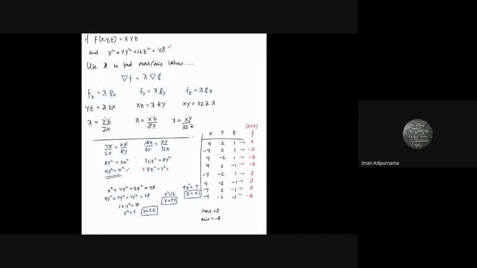Okay. There are still some additional notes for the Lagrange, but I will save them for the next lecture. So the next lecture will finish this Lagrange, and we can move on to the last chapter in our course.